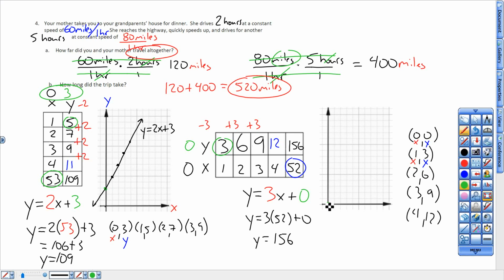Always these proportional graphs at the corner. Over 1, up 3. Over 2, up 6. Over 3, up 9. Over 4, up 12. Or guess what? Keep going. Over 1, up 3, over 1, up 3. Or draw those lines. Draw a line through them. Label your equation.